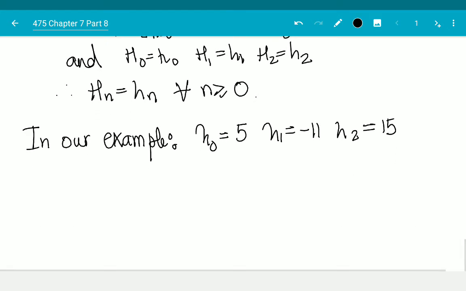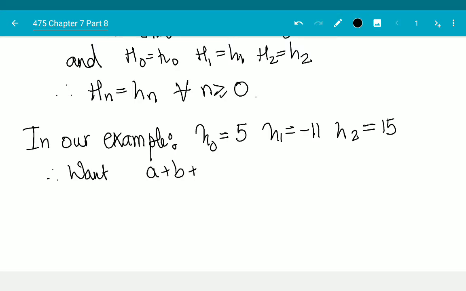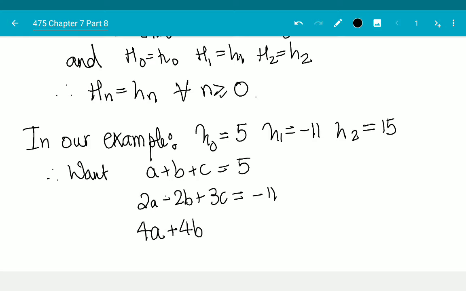And so I therefore want a plus b plus c equal to 5, 2a minus 2b plus 3c equal to negative 11, and 4a plus 4b plus 9c equal to 15.